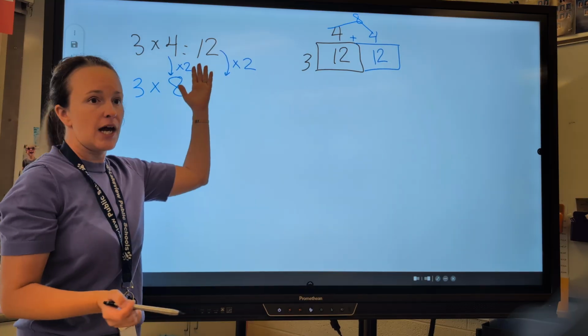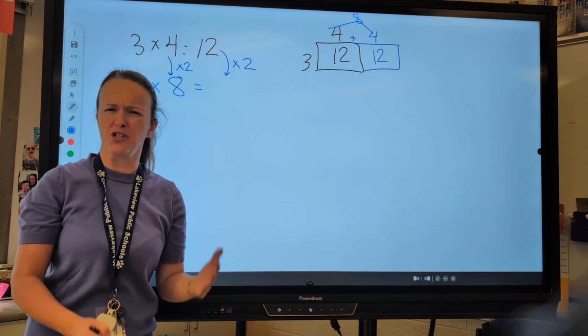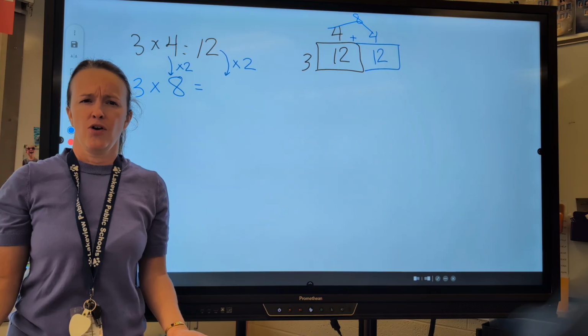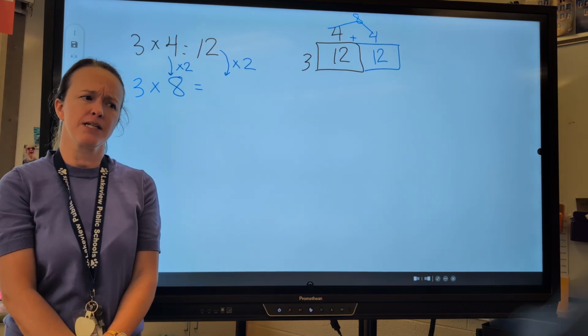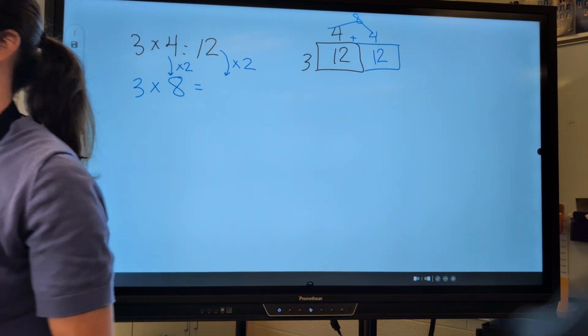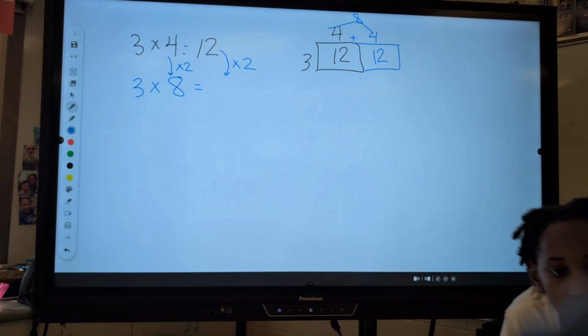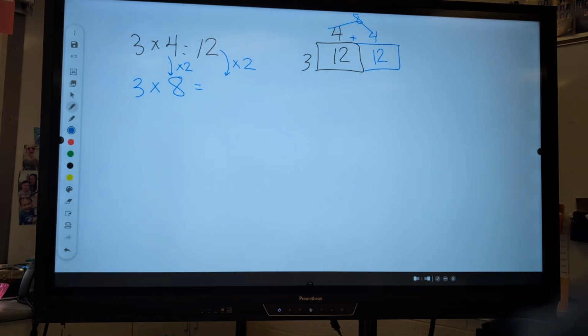What do I get when I do 12 times 2? Wait a second, Terry, and I don't know 12 times 2. What do I do when I'm timesing something by 2? And you can be looking over at the multiplication strategies chart to remind yourself, Lucas, what do I do? What's the rule? When I'm timesing by 2, what? No?